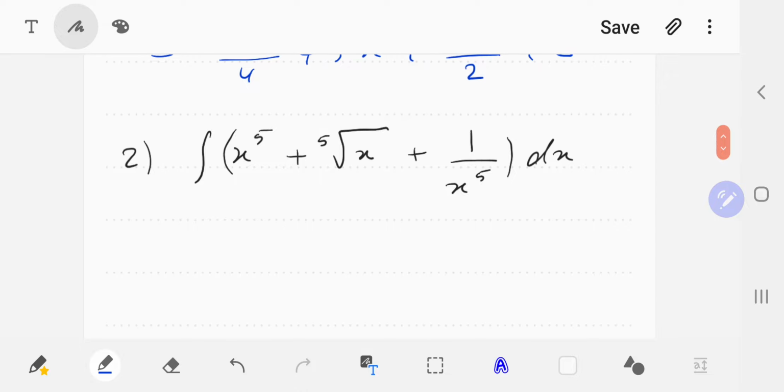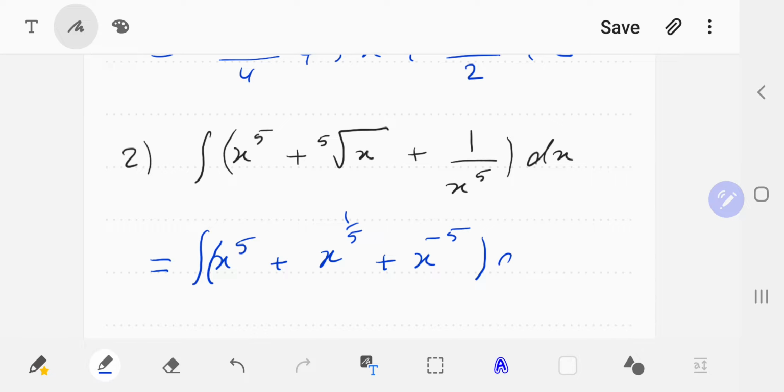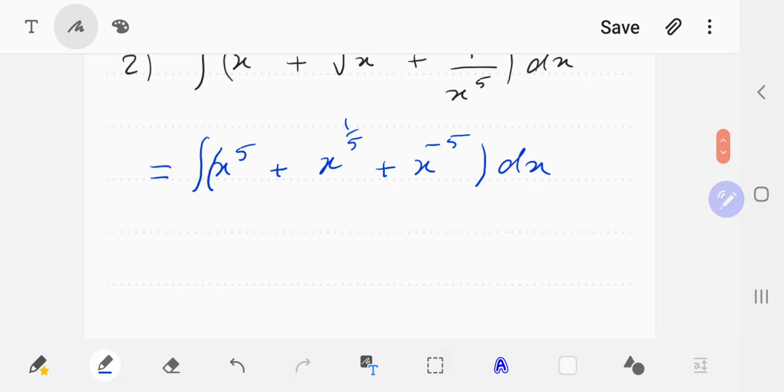This should be your question anytime you see an integration. x to the power of 5 is ready. Fifth root of x is not ready, so I have to convert it to x to the power of 1 over 5. 1 over x to the power of 5 is not ready. I have a power in the denominator that can be taken up, so this is x to the power of negative 5. And all of these are ready now, so I can integrate directly by using the rules.